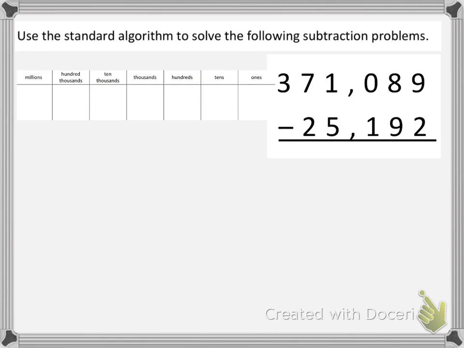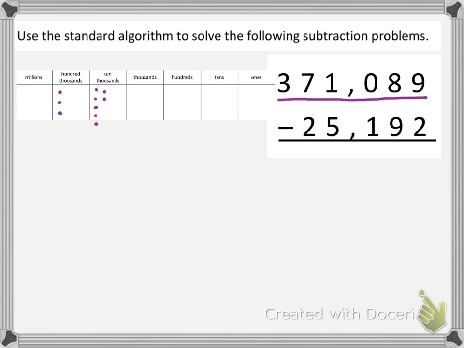All right, I'm going to model this subtraction problem, and we're going to start off using this number right here, 371,089. So we have 3 in the 100,000 column. We have 7 in the 10,000 column, and notice I'm using a 10 frame.